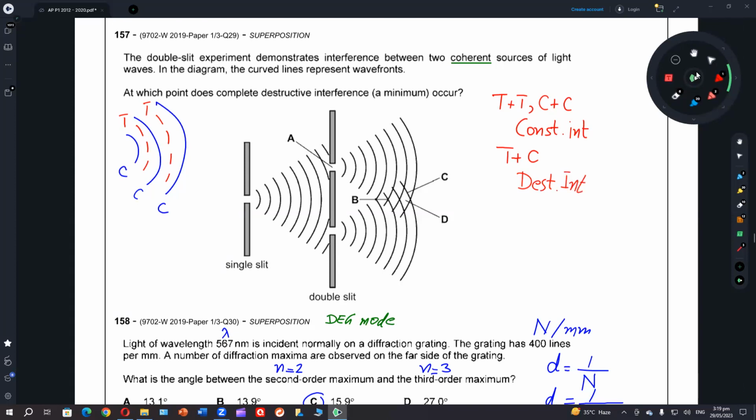Now you can tell me where I should mark which points: A, B, C, and D. A is irrelevant because there is no interference at A, so this is wrong. B, you can see both are crest, so B is also wrong. Now the game comes for C and D.